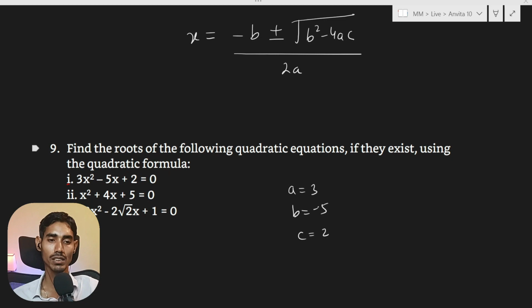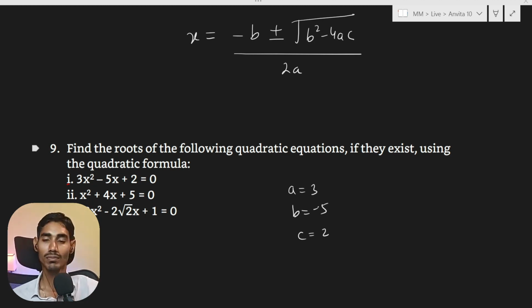So here expression 1 is 3x square minus 5x plus 2, because expressions are made up of terms. 3x square is a term, minus 5x is a term, plus 2 is a term. So these three terms form an expression on the LHS, and on the right side 0, a constant term, also forms an expression. So this is an equation: expression 1 is equal to expression 2, forming an equation using the equal to sign.